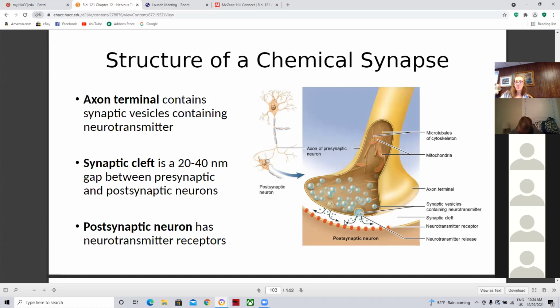Remember, a nanometer is 10 to the minus ninth, a very, very tiny gap. The presynaptic neuron has the vesicles. The postsynaptic neuron has receptors that bind the neurotransmitter.